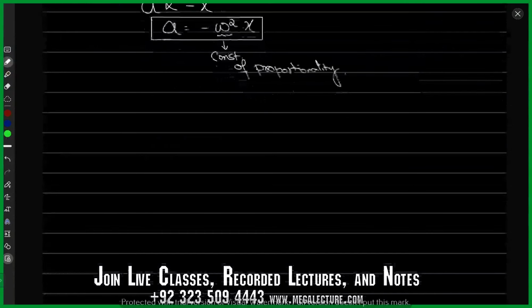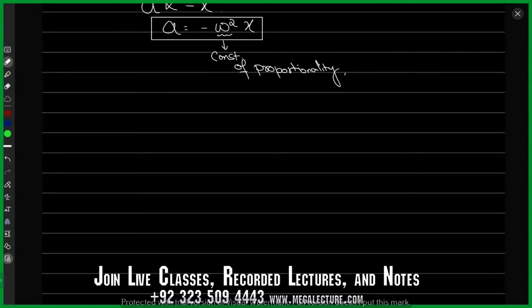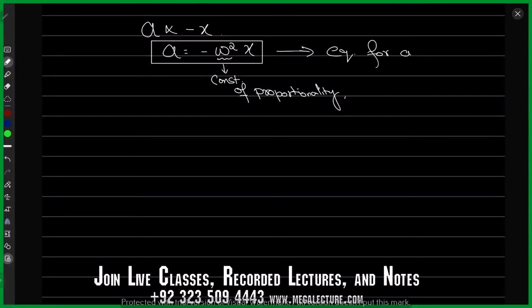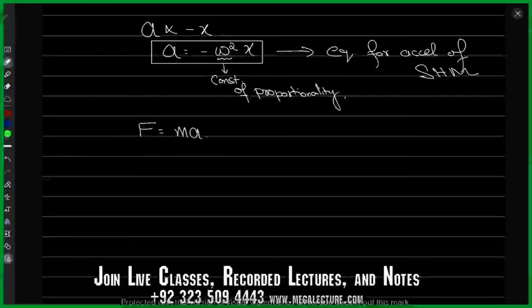Now we can come back to simple harmonic motion. We have almost 1 minute remaining. So I think I'll end by relating this simple harmonic motion to force. This is the equation for acceleration of a simple harmonic motion. Now I can immediately relate this to force, where force, we know, is ma, right?